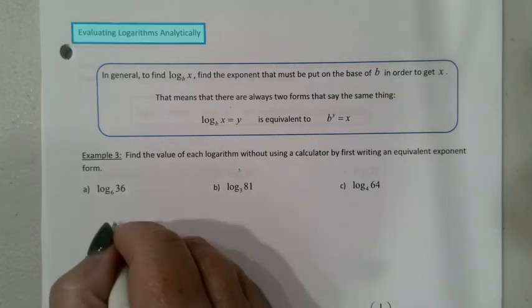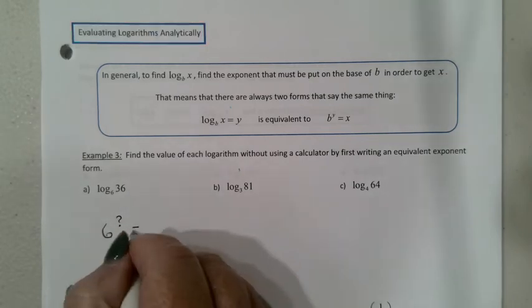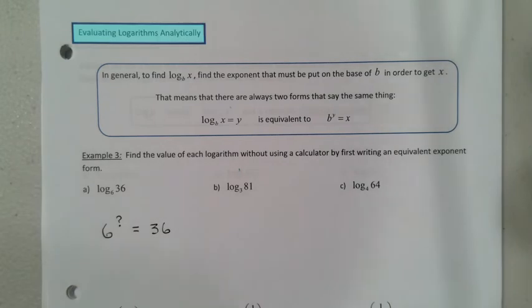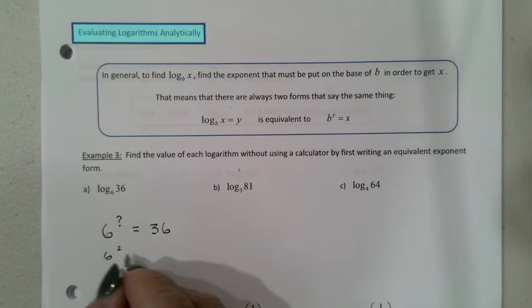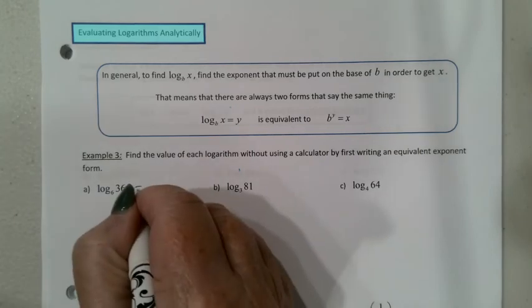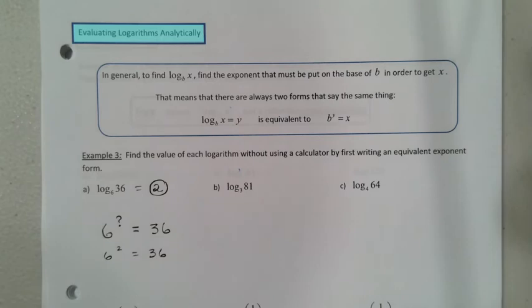And then what I'm asking myself is, what power do I have to use to turn that 6 into a 36? Well, I know 6 squared is 36. So the power that I would need is 2. And that means that the logarithm base 6 of 36 is equal to 2.